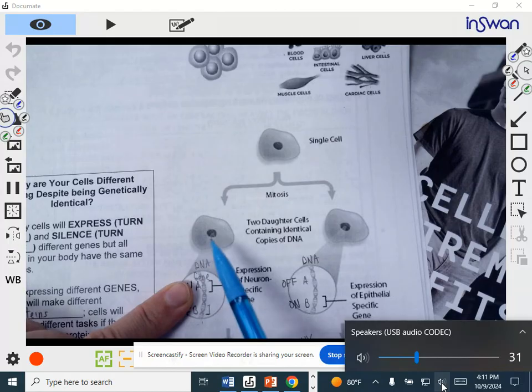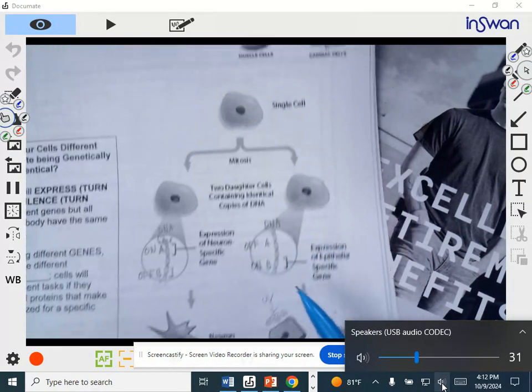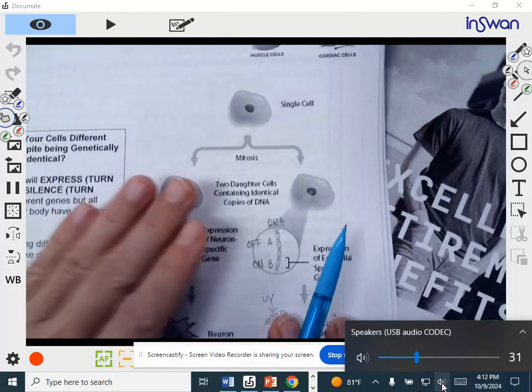Now the reason why this cell turned into a nerve cell is because it has gene A and gene B, but when it got a certain signal, it turned on gene A and made a certain type of protein, but it never turned on gene B. Now let's look over here. Let's take a look at a skin cell in someone.